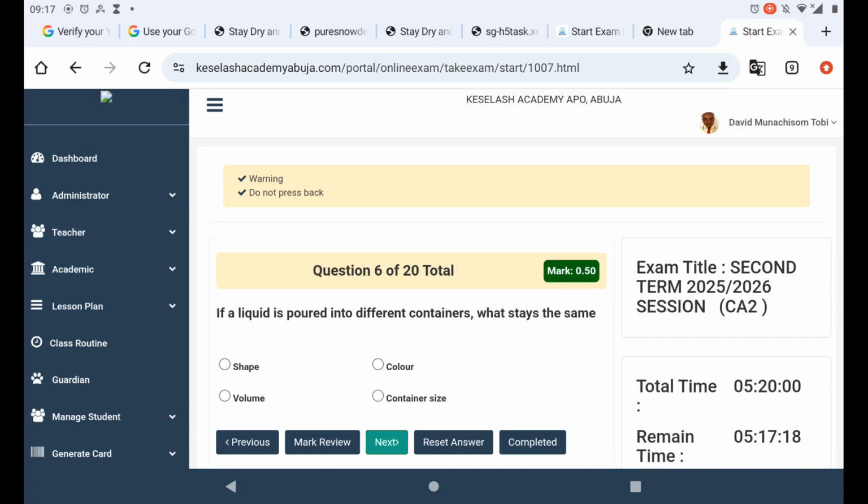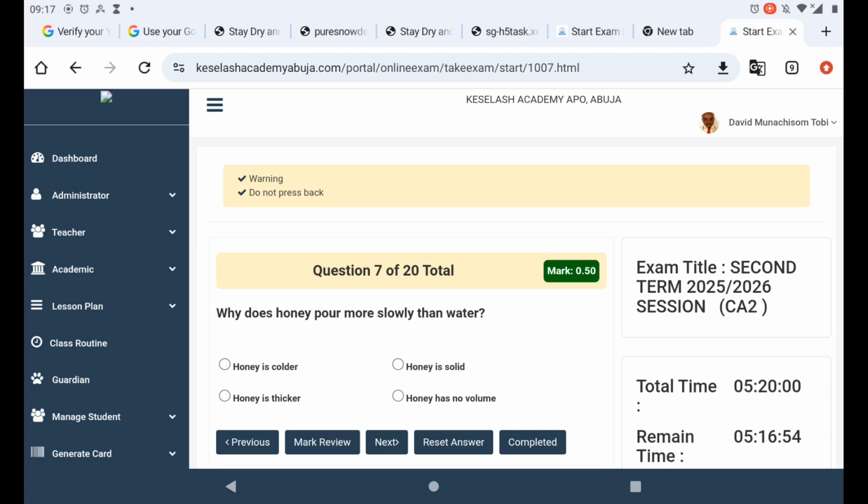If a liquid is poured into 2 different containers, what is the same? I think it's the volume. If you don't think so, just comment down.